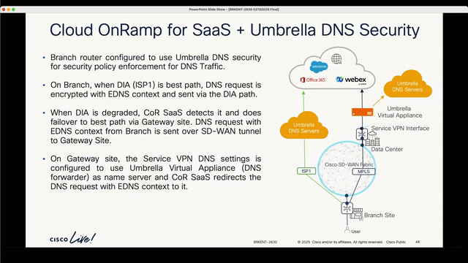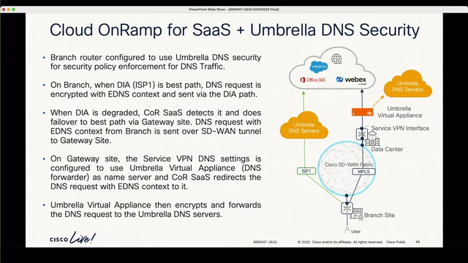But in case you want to maintain this consistent intent, where you want to use the Umbrella DNS server and do the security policy enforcement no matter what the best performing path is, that is exactly when you could use an Umbrella virtual appliance, which could be running on the LAN side, receive these DNS requests, encrypt them, and send them to the Umbrella DNS server, where you do the same kind of policy enforcement.